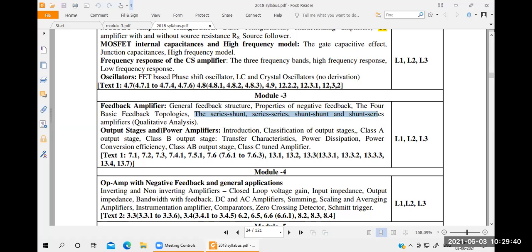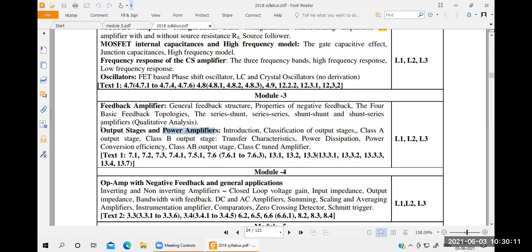Then the power amplifier: take the power equation, P equals V into I. In order to make a higher power amplifier, we want to increase the voltage and current. From that we can make a higher kind of amplifier. Power amplifier means the output side will get more power. That's why I call it the power amplifier.